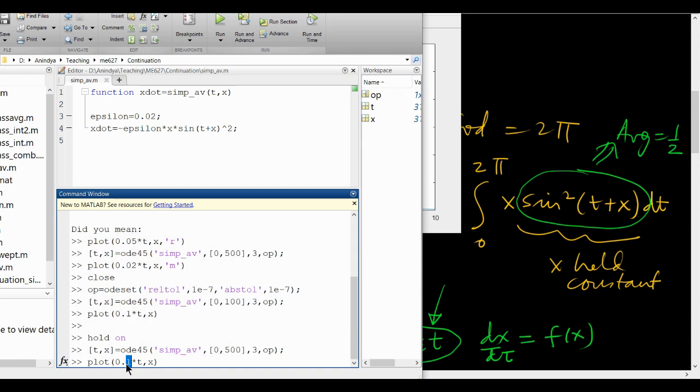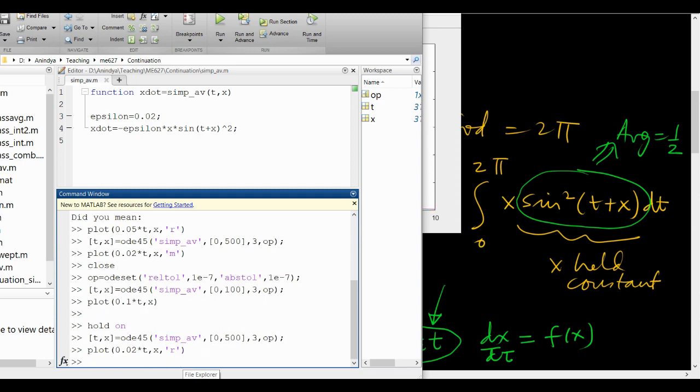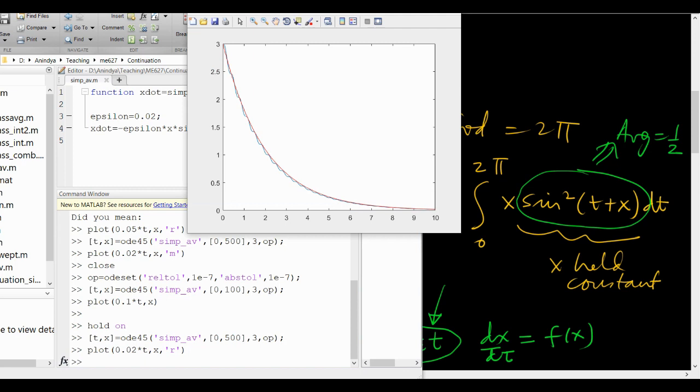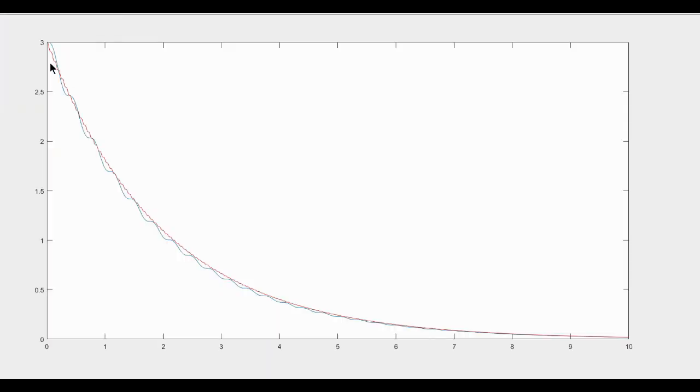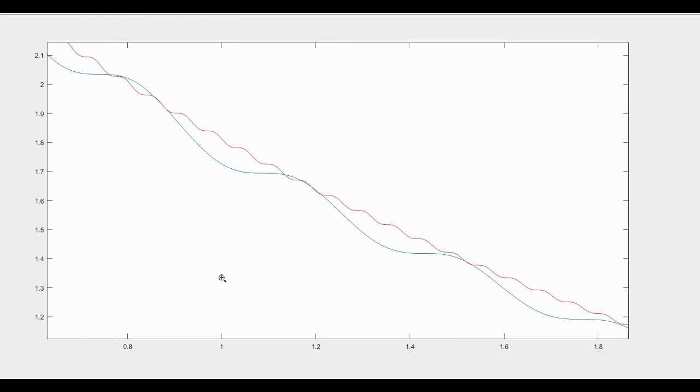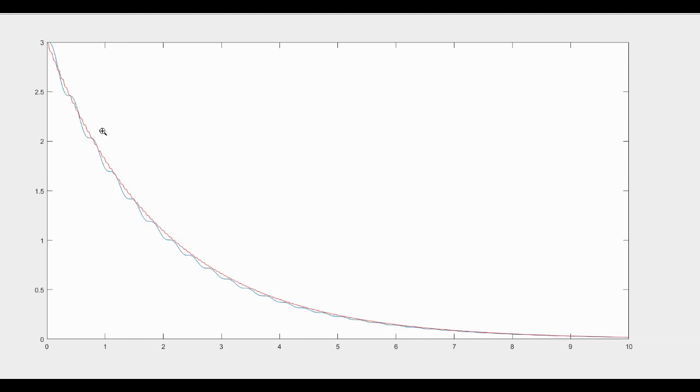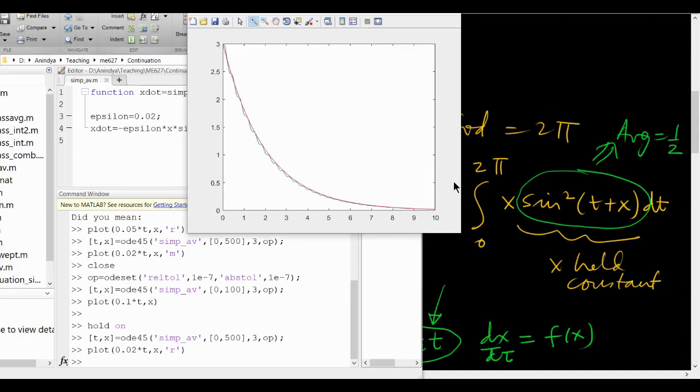I will make this 0.02 and I will plot this in red. And here are the two curves. You can see that it's clear that they represent essentially the same average dynamics. In the blue case the wiggles are bigger, in the red case the wiggles are smaller and faster, but it's really the same curve. Okay, so they are catching the average dynamics, and by this numerical experiment it seems clear that the correct time scale is in fact epsilon t. Very good.